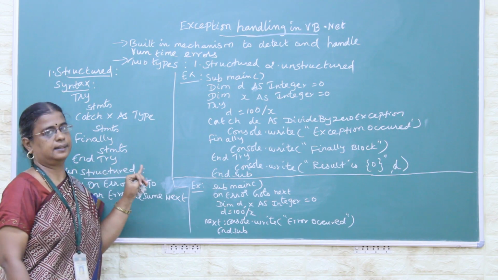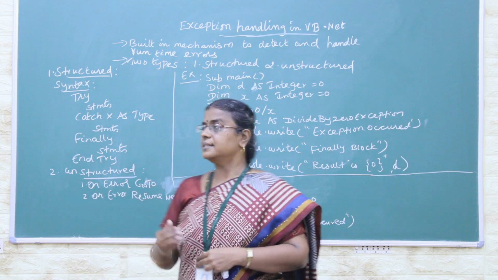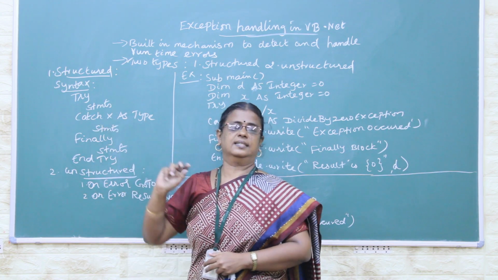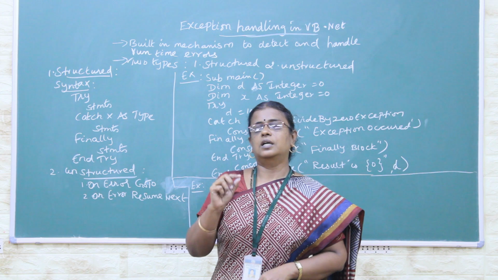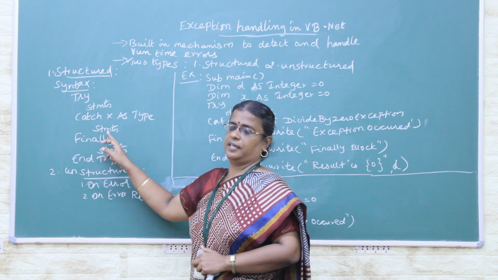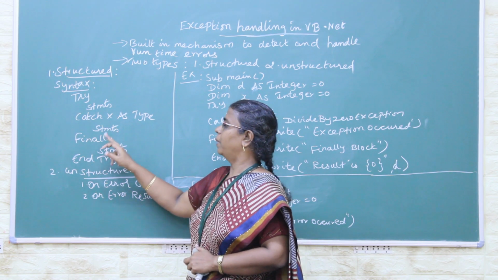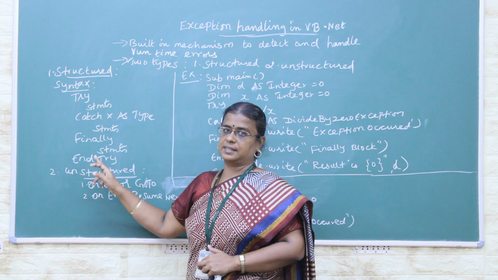and the last one is End Try. If any exception rises inside the Try statements, then the control transfers to the particular Catch statements, and those statements will be executed, followed by the Finally statements.